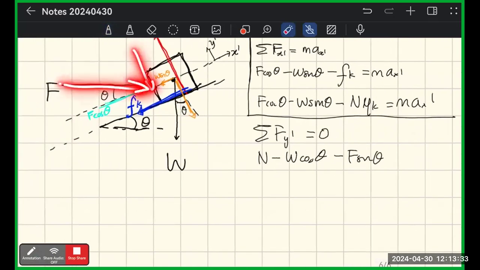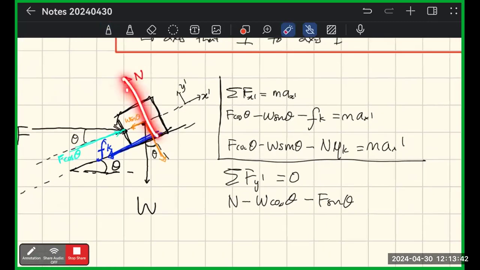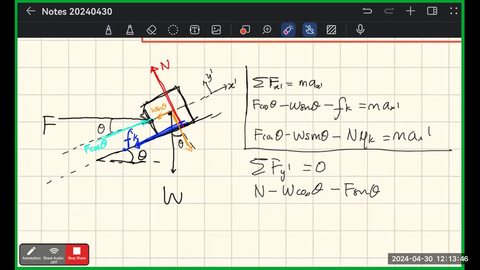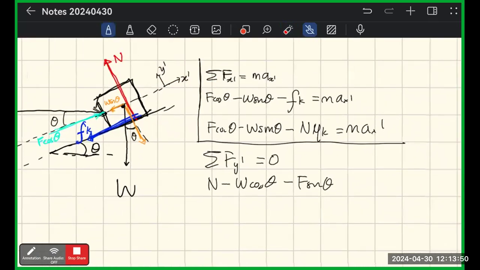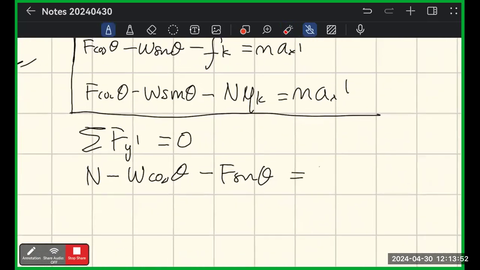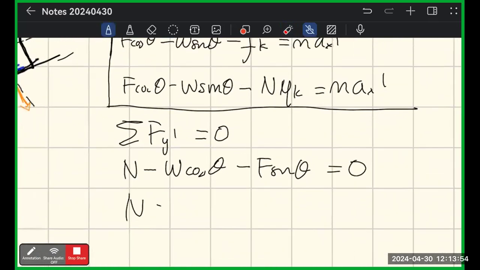You project this like this, it's downward. And the N here is pointing upwards to this y prime. You just follow your own coordinates from the first time you determine them. So N equals W cos theta added by F sine theta. This is equation 2.